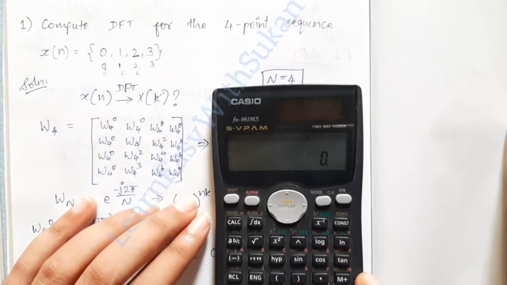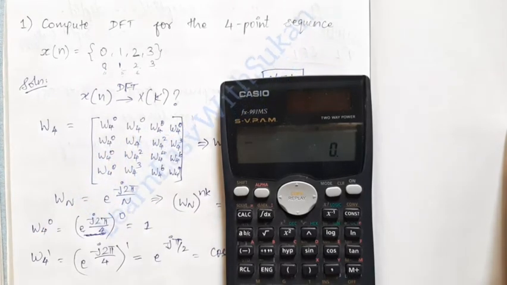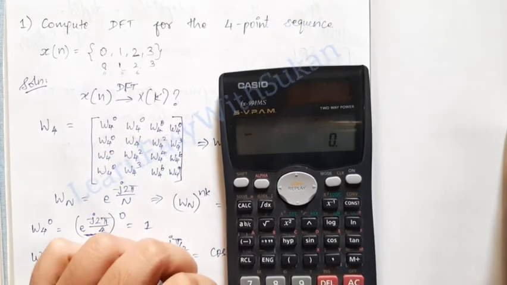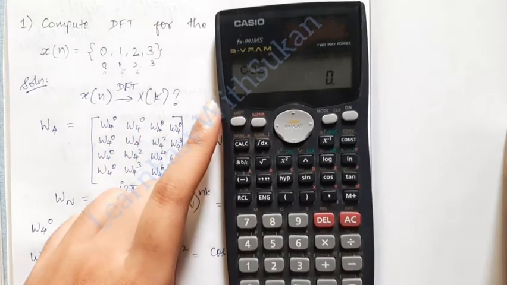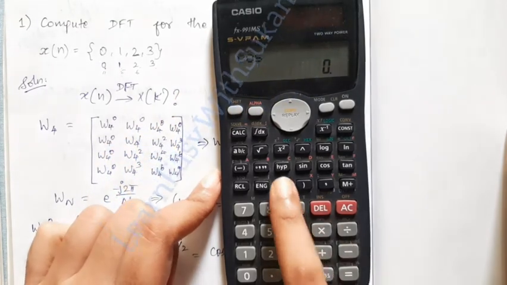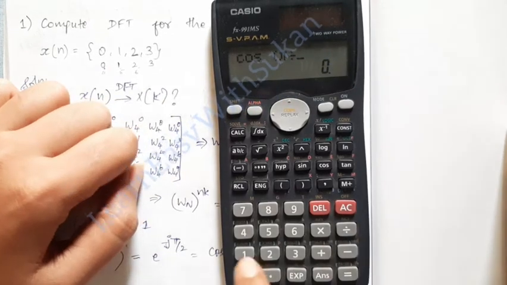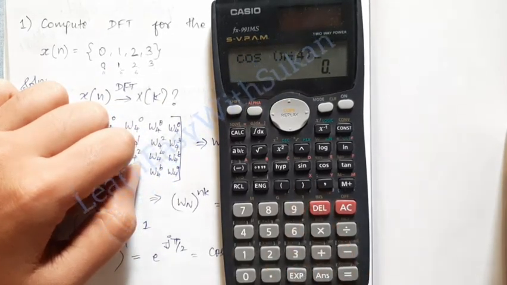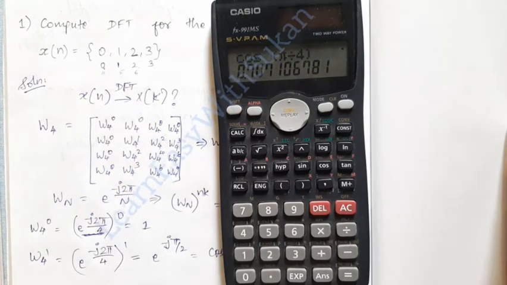say cos pi by 4. For example, I am telling this, don't confuse it with the sum. So cos pi, for that it is shift exponential. Actually, we'll give the open parenthesis, shift pi by 4, close parenthesis, equal to, see the value, 0.7071.